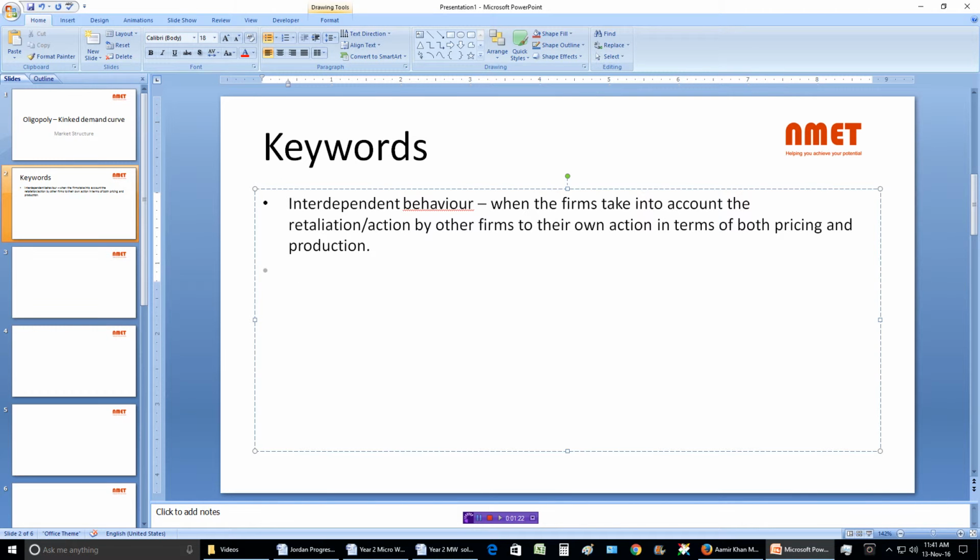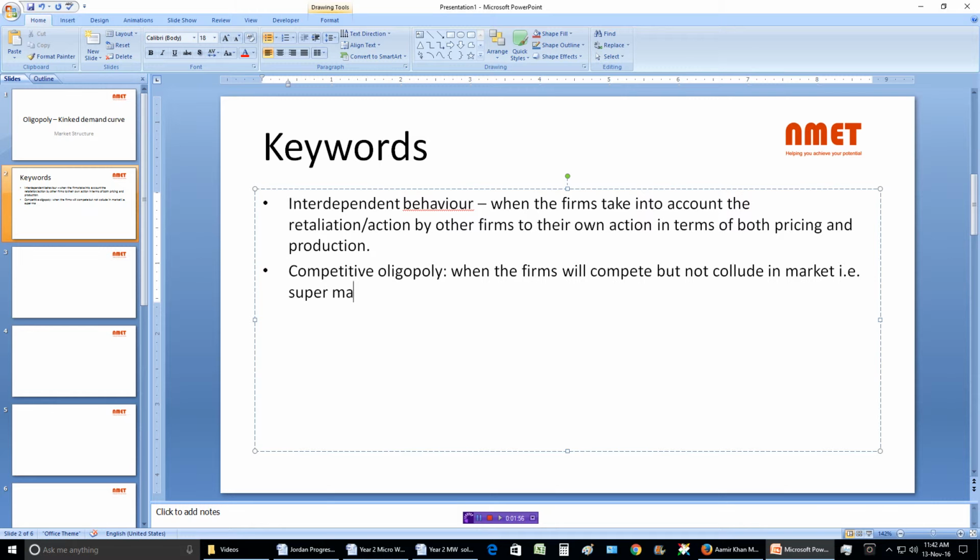Another is trying to understand what competitive oligopoly is, or competitive behavior. When the firms will compete but not collude in market, and a good example is the supermarkets within the UK.